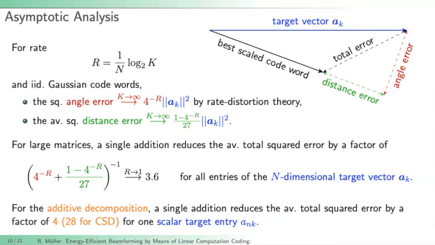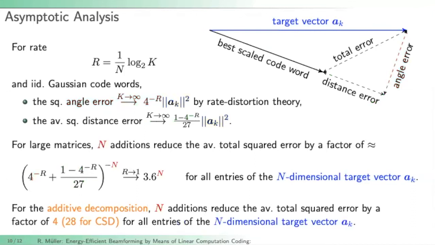Now, if you account for that effect, so you now allow for n additions to reduce n components, then in the additive decomposition, the improvement in total squared error stays the same, but in the linear computation coding, this improvement factor is raised to the power of n. And that's why the improvement is larger the larger the size of the matrix. And for matrix size growing to infinity, this improvement grows to infinity.